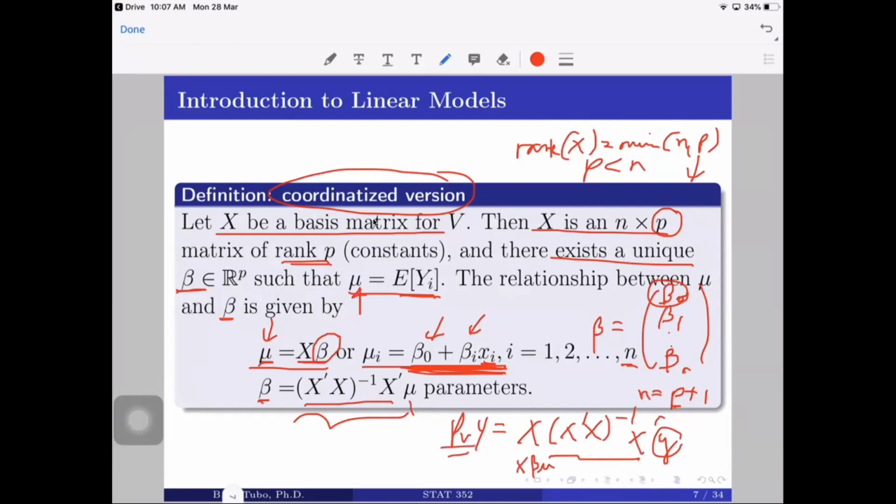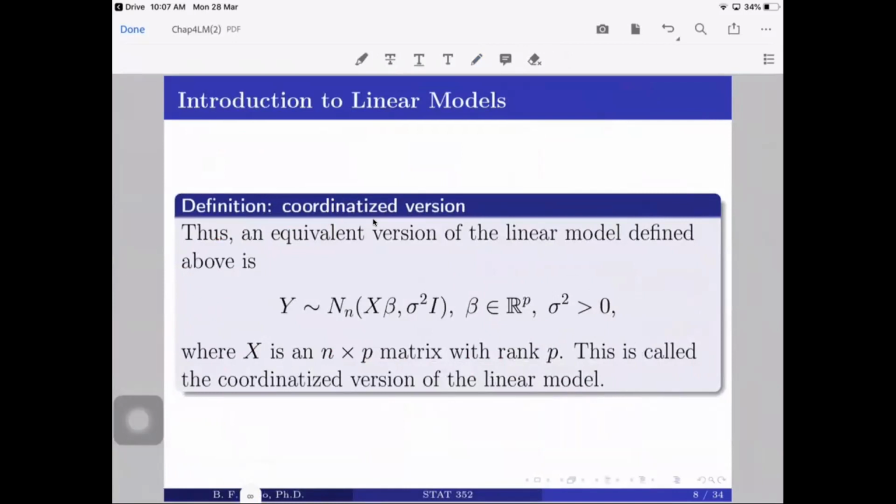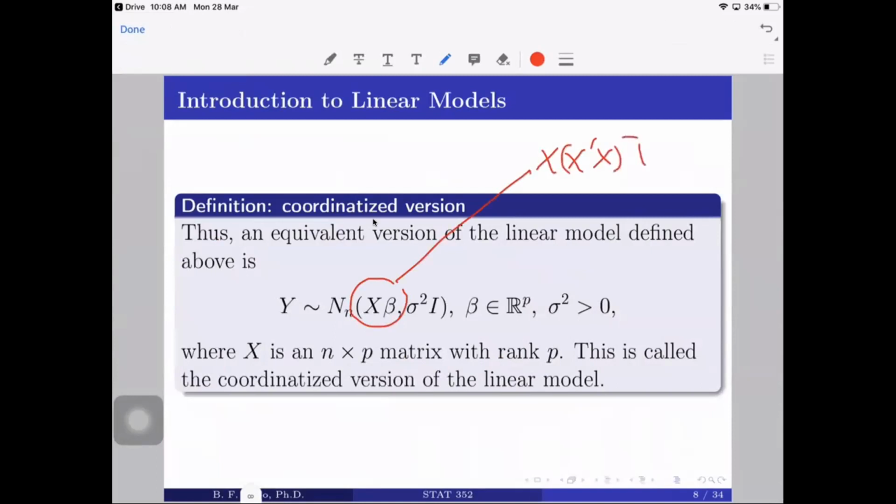That will be in terms of projection. So if we denote this, (X'X) inverse X', this is your beta.